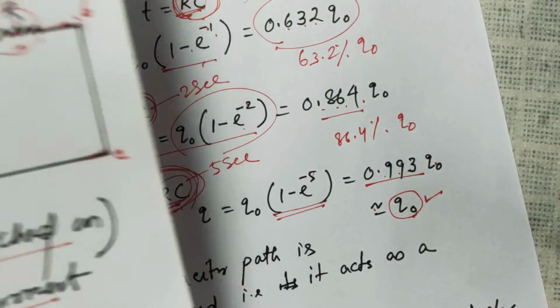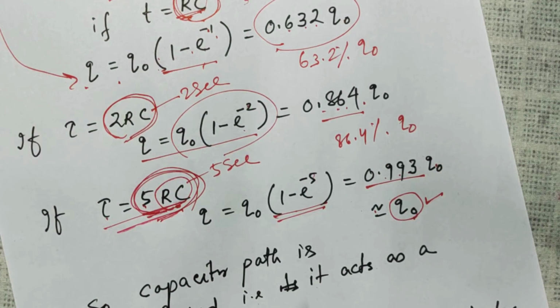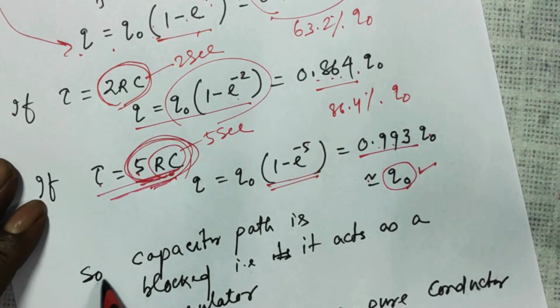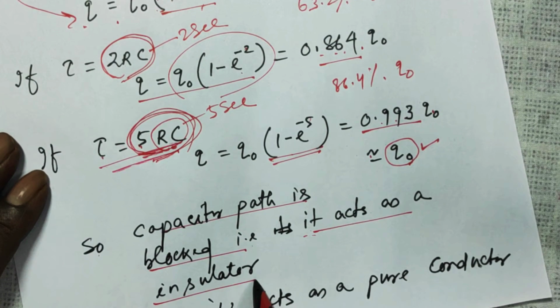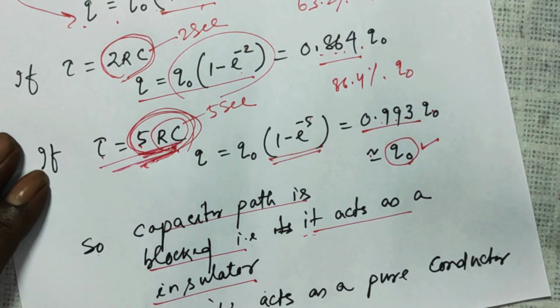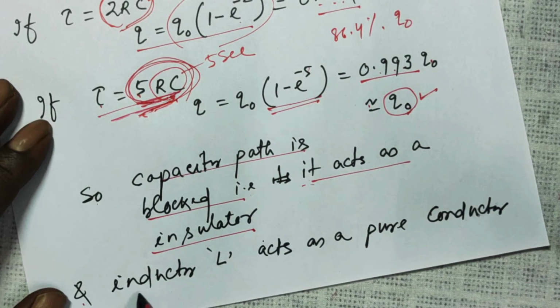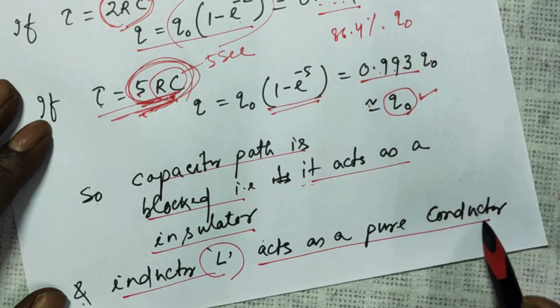Now at t is equal to infinite time, the capacitor path is blocked, as it acts as an insulator after this much time. And the inductor L now acts as a pure conductor.